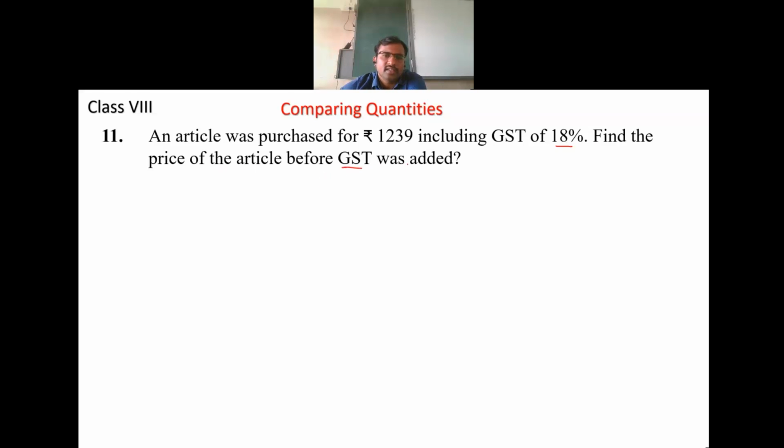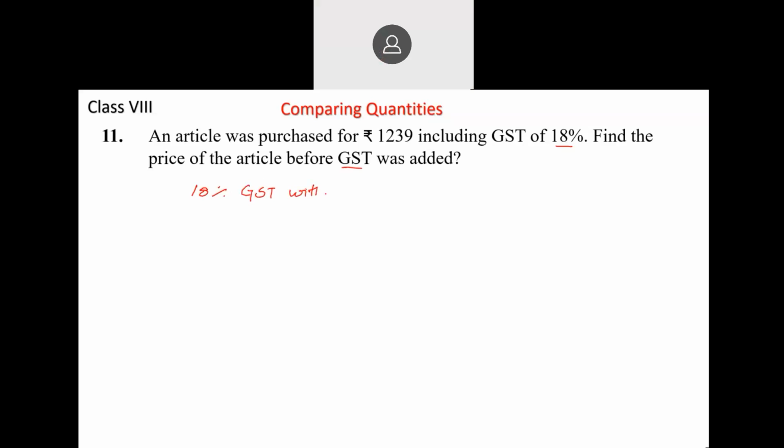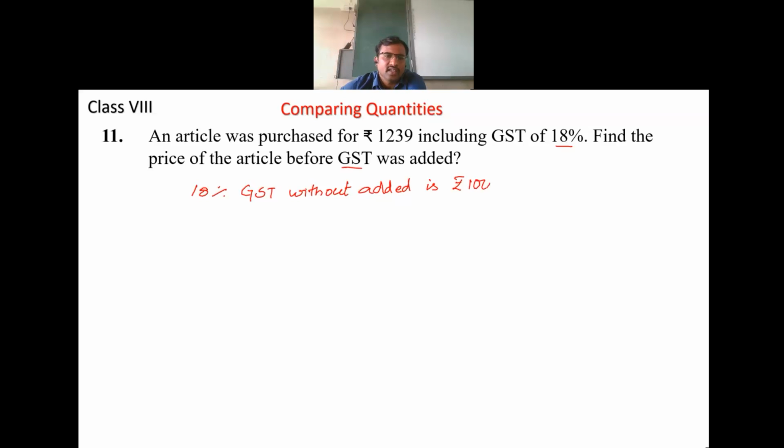Is this question similar to the previous one? The same technique we can use for this question also. Yes, it is the same as the previous question. How do we write then? 1239 into 100 by 118. So it is like this: 18% GST means without GST the price is rupees 100, with GST it will be 118.